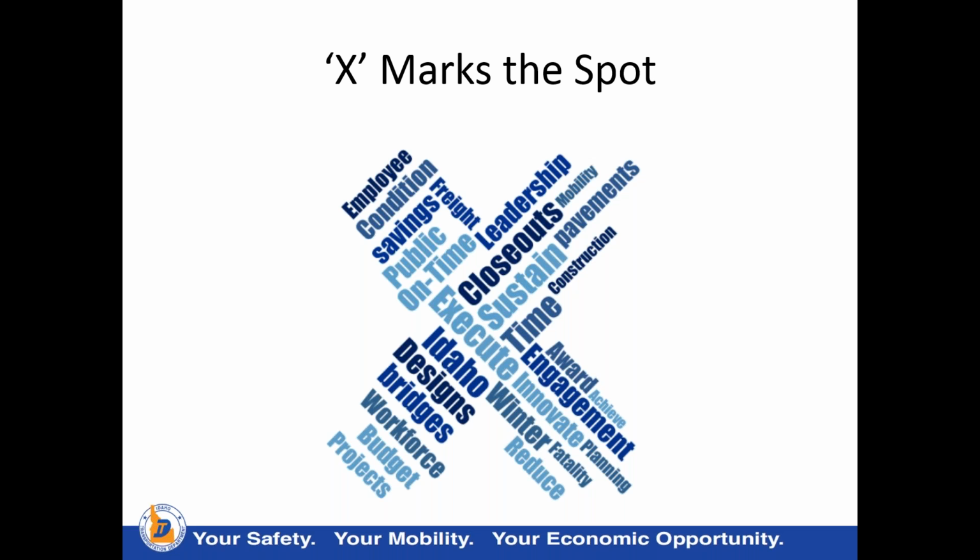The word picture that you're seeing right now was crafted from the words appearing in what we call ITD's X matrix. The X matrix is a scorecard that was developed by our executive management that documents goals across the organization, and it also assigns roles and responsibilities for those executives. So everything listed on the X matrix has a champion and someone responsible for it.